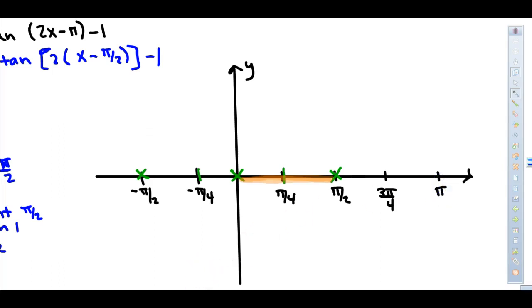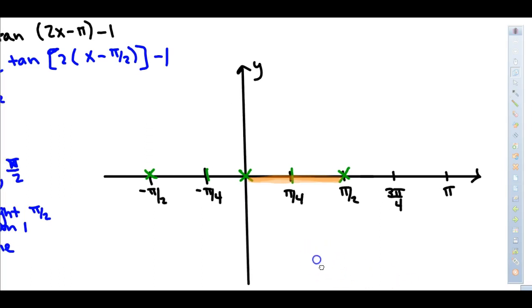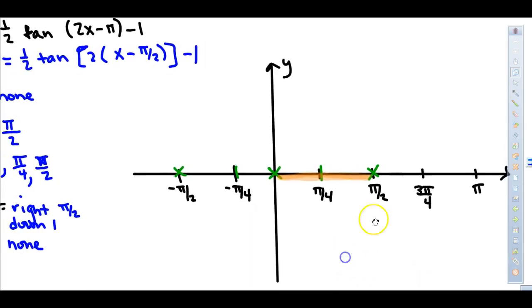There we go. And according to this, yes, I'm going to the right pi over 2, and then down 1. So pi over 2 is a complete period.